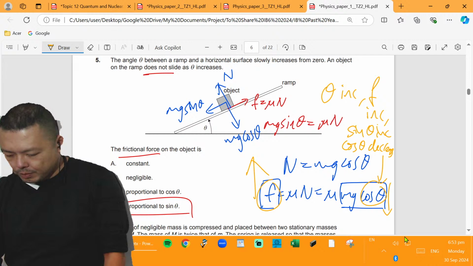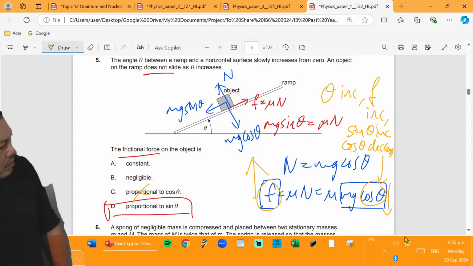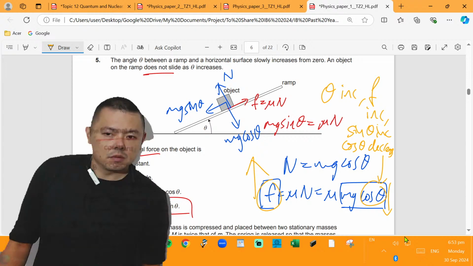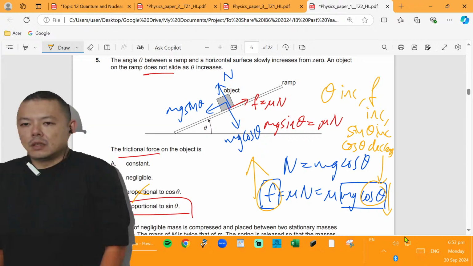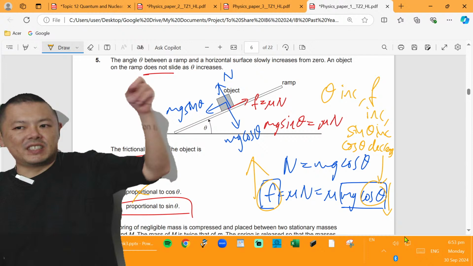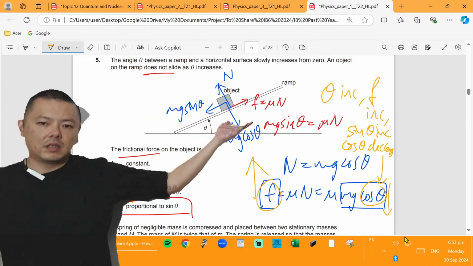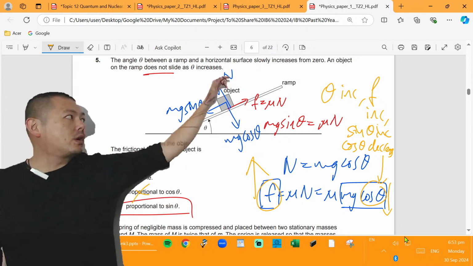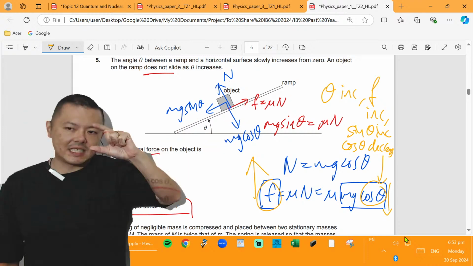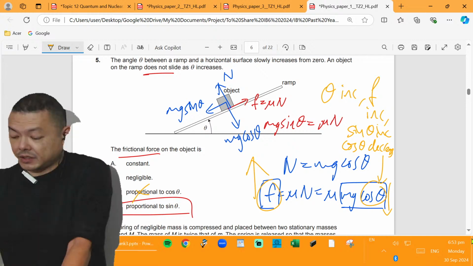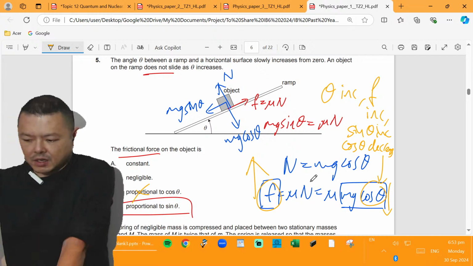So they're not proportional. Hmm, so scary. Okay, then that means the normal contact force decreases with increasing theta. As theta increases, the normal contact force by the ramp is getting less and less. Yeah, okay. So that's question five. Question five, surprisingly, is a little bit more complicated than I thought it was.